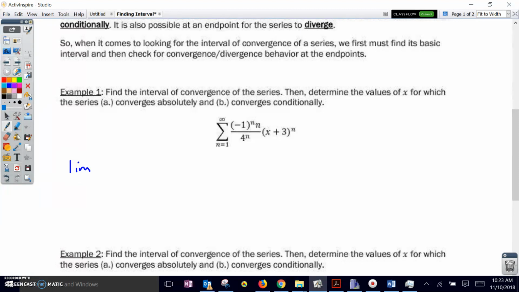So we'll set up our ratio. The limit as n goes to infinity of a sub n plus 1 times the reciprocal of a sub n.